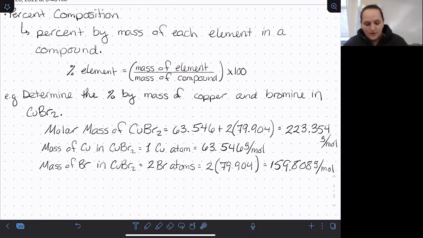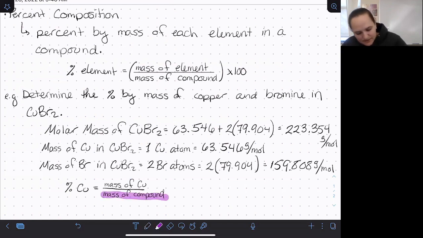So we want to make sure we're accounting for all of the copper and all of the bromine in this compound. So when we find our percentages, our percent copper is going to be the mass of copper in this compound divided by the mass of the compound as a whole. So the mass of the compound was this value up here.